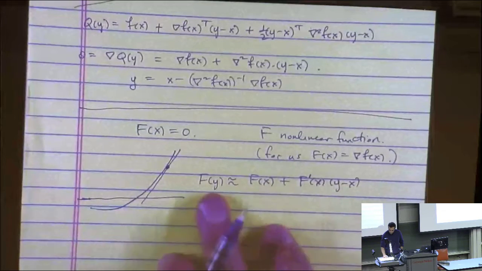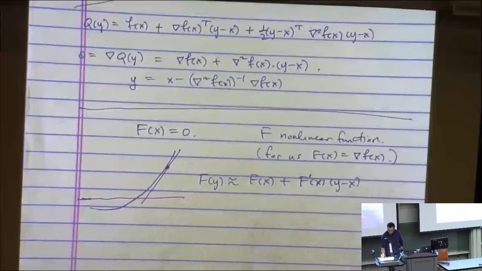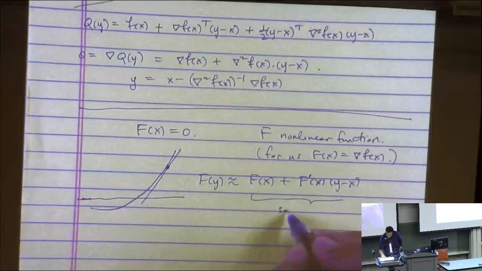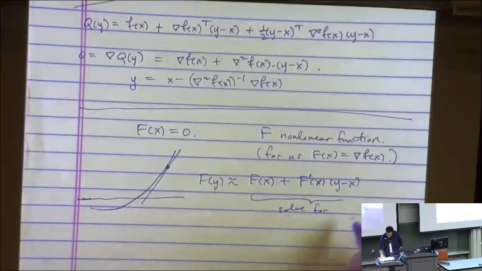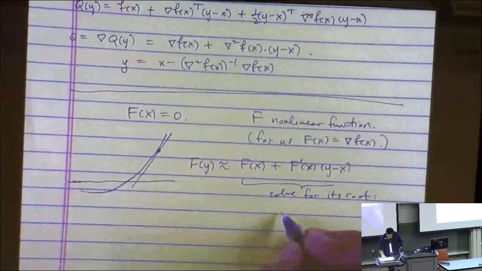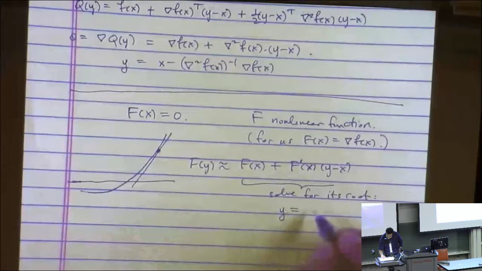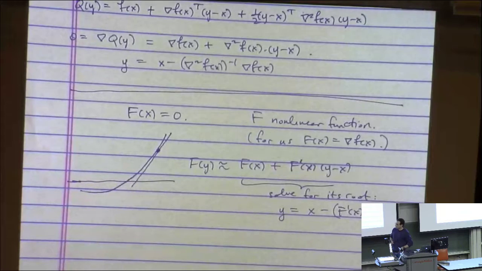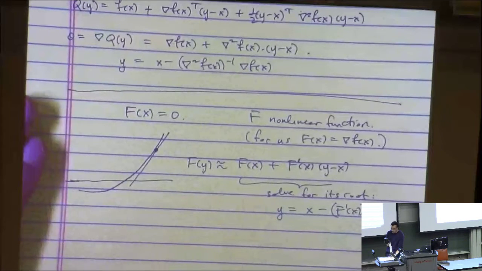And then I solve for this function being equal to 0. I solve for its root. What you end up getting is that y should be equal to x minus f prime of x inverse f of x. That's what happens if I solve this approximation.